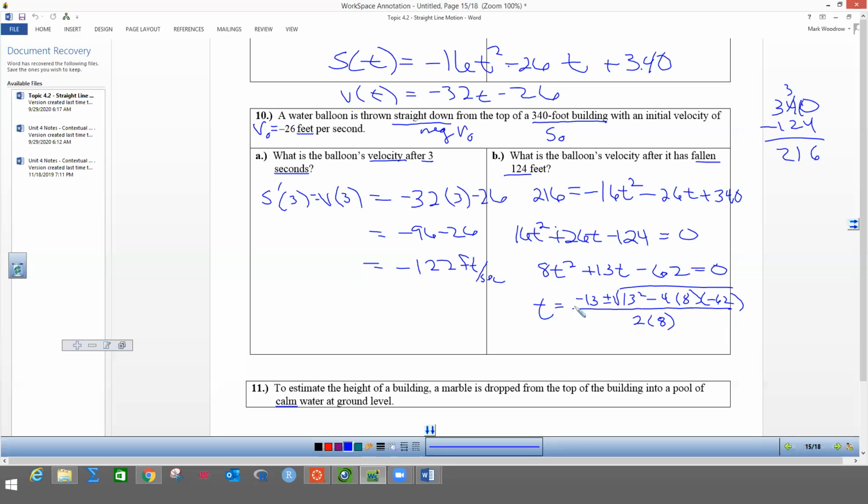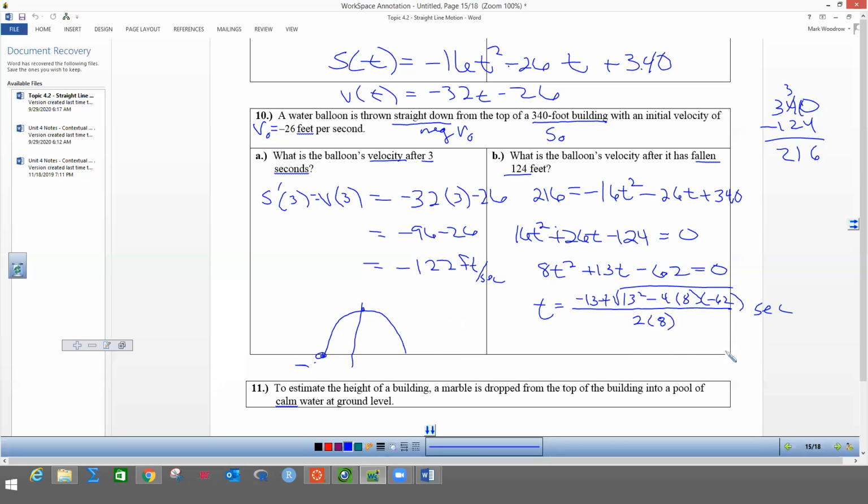Just so you know, the time of this thing falling is a parabola, basically, and it's starting up here at the top when he throws it down. If you do the negative time here, a negative minus more negative is going to be a time in the past, a negative time. So we don't want that negative part. The only part we need is this plus part, and this is going to be the number of seconds.